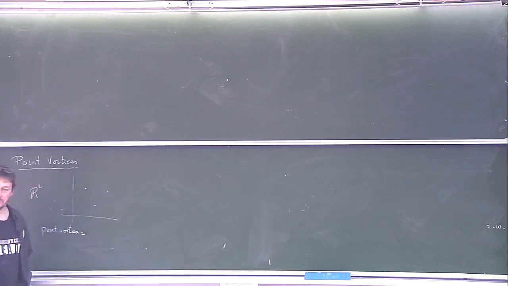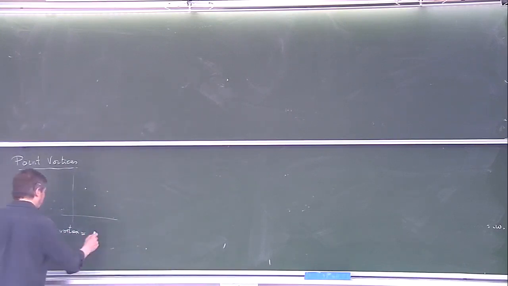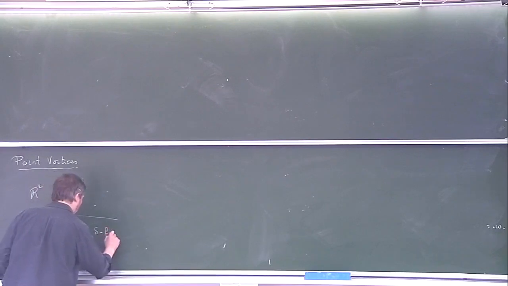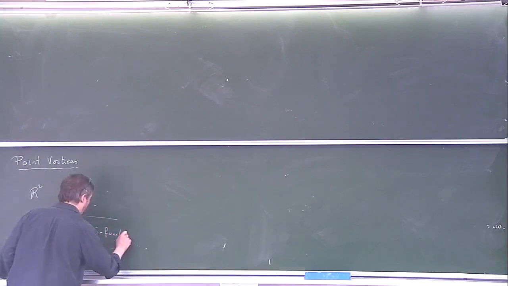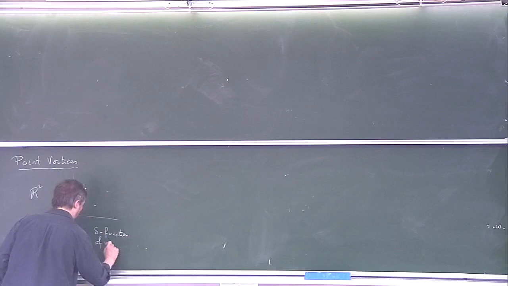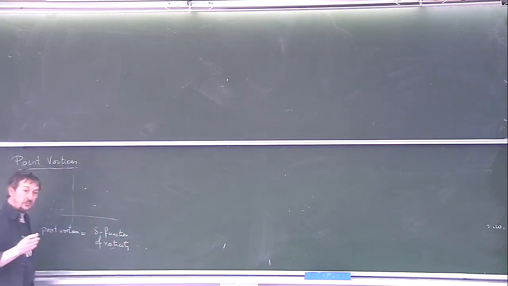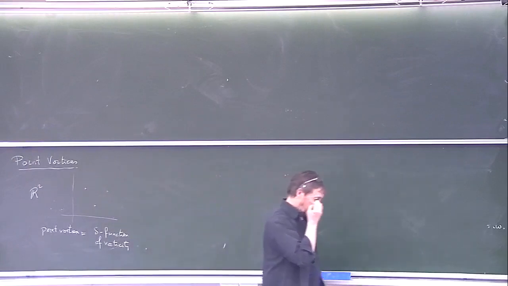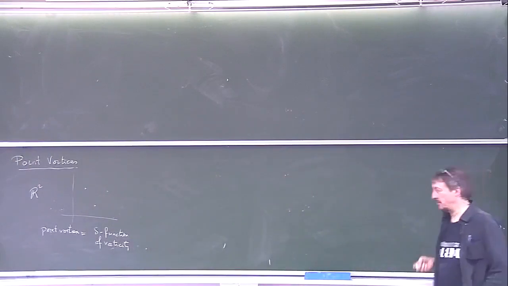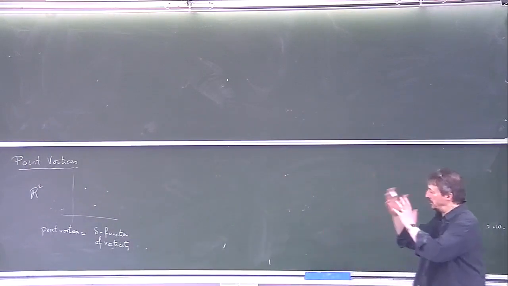I'm not going to introduce all the fluid dynamics behind it. So it's a delta function of vorticity. The vorticity is concentrated at a point. It's a singular point because it's a delta function.